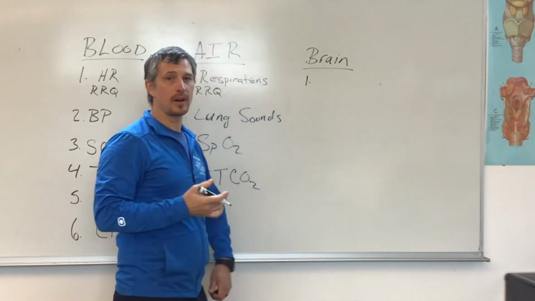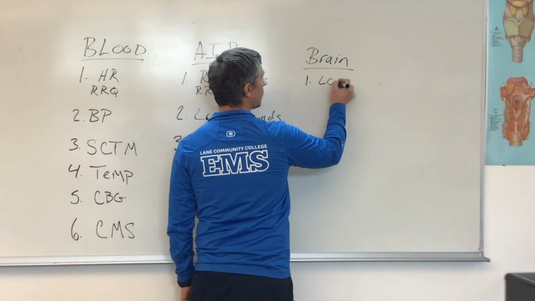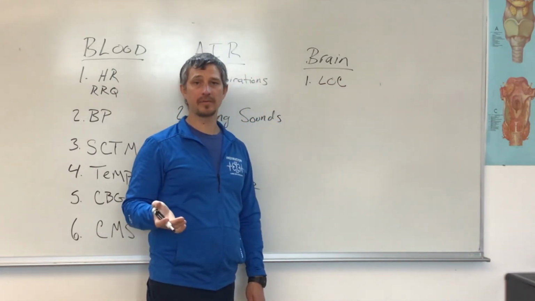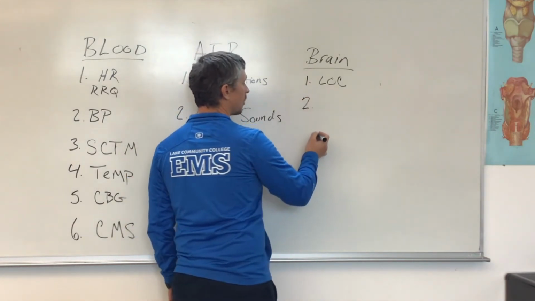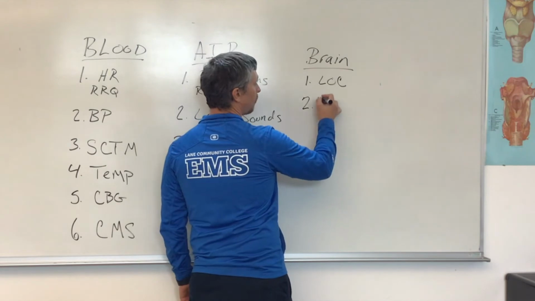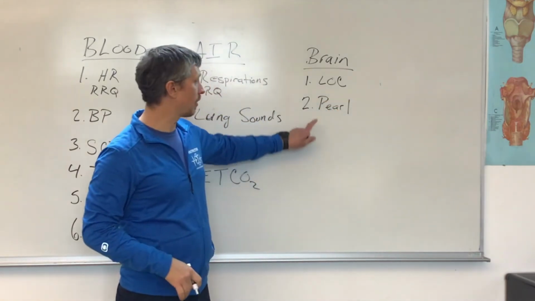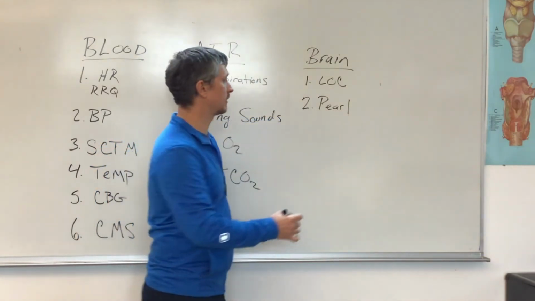One vital we have in our brain is going to be our level of consciousness, or LOC. We'll go over more about our LOC on our AVPU scale. We'll also have our PEARL. That's going to stand for pupils equal and round, reactive to light.